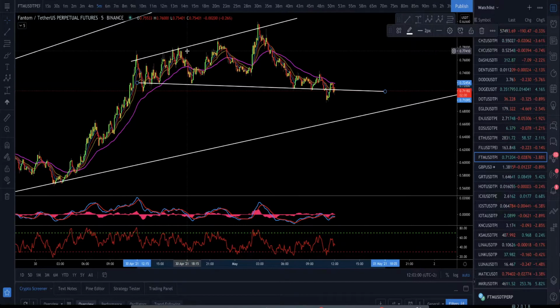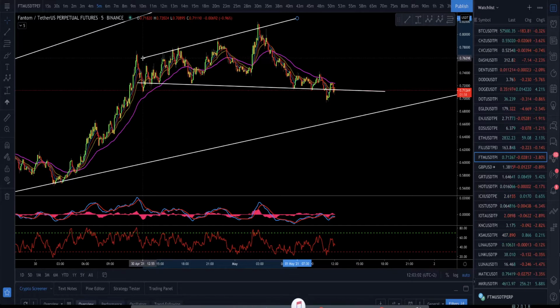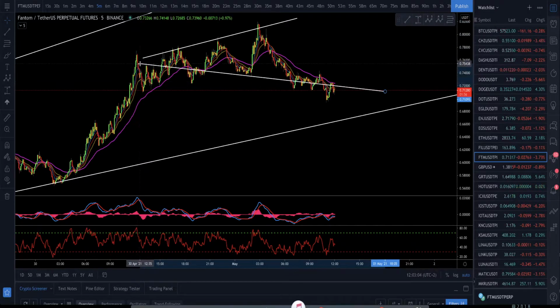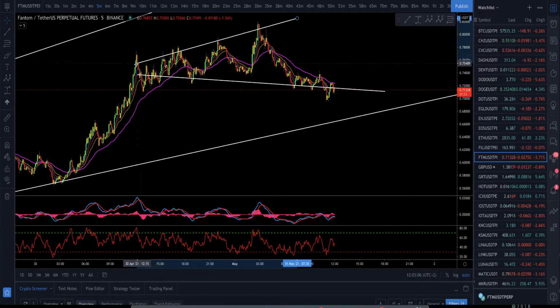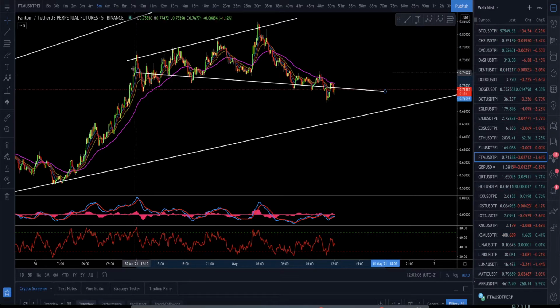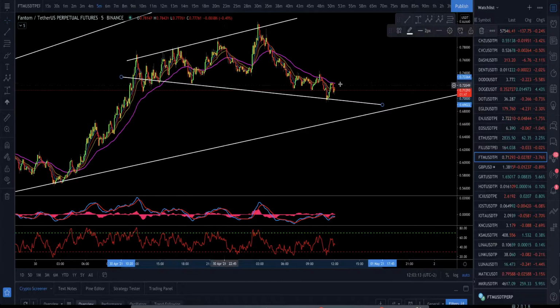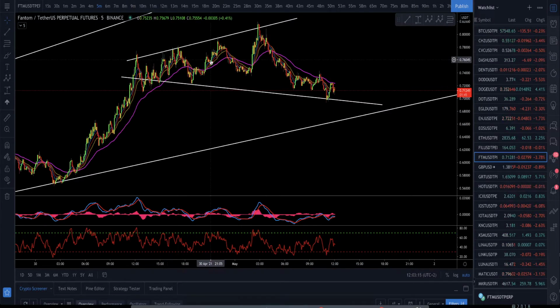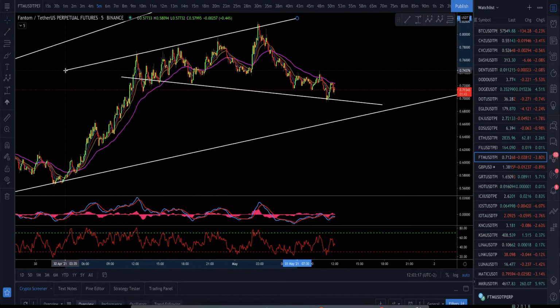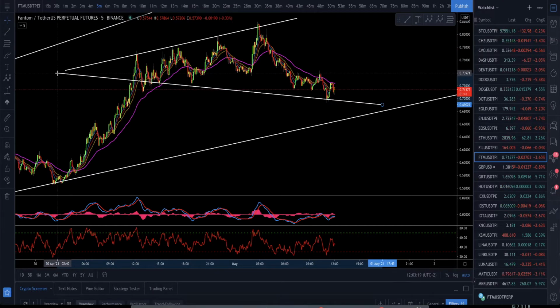So when you see that reverse triangle, right, this is how you see the reverse triangle, guys.